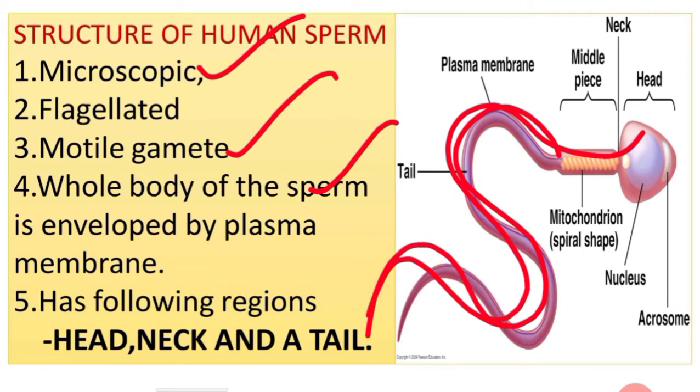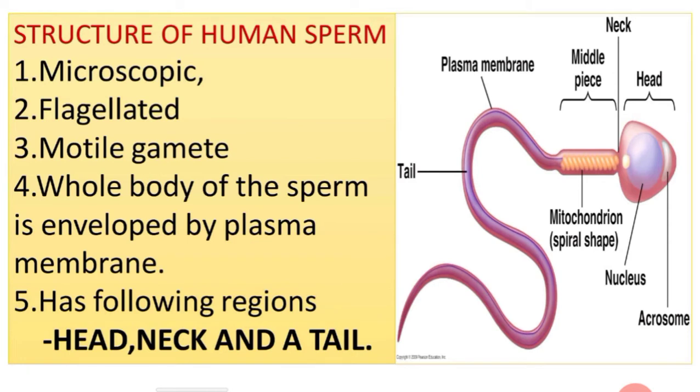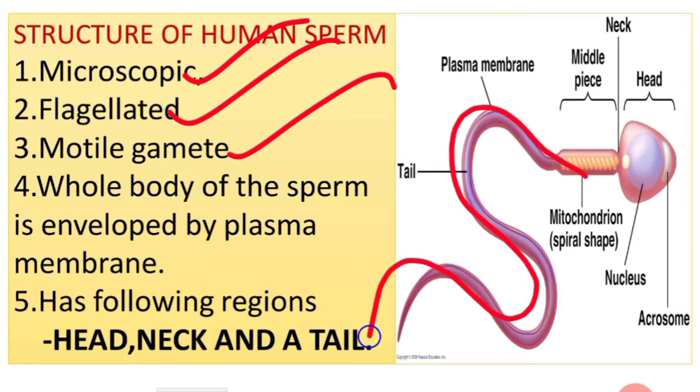It has the following regions: head, neck, tail. Right? Shall we recall it again? Sperm is a microscopic, flagellated, motile gamete. The whole body of the sperm is covered by plasma membrane. It has the following regions.